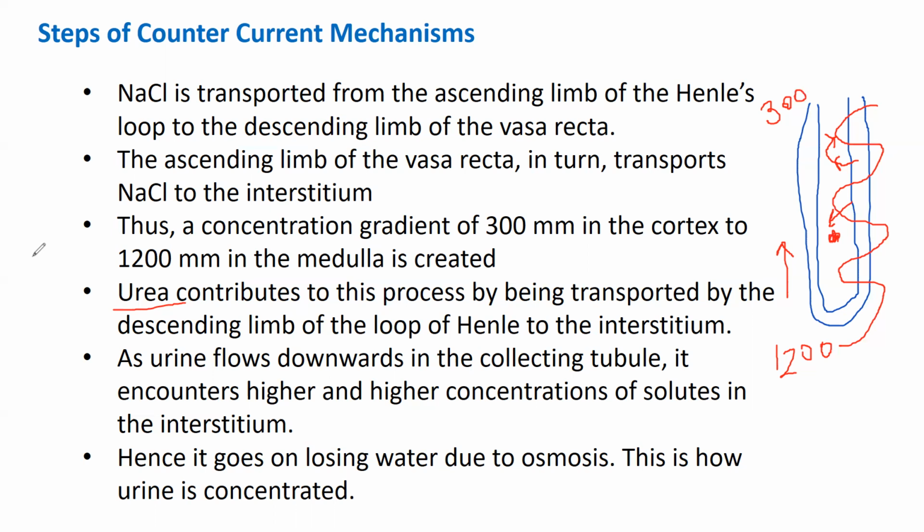So what happens? They get deposited in the interstitial fluids. When their size becomes very big, what will happen? They will increase the pressure on what, the tubules. So the tubule gets constricted, and thereby there will be hindrance in the filtration.